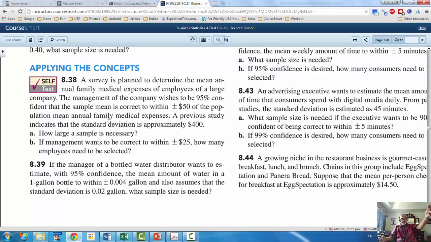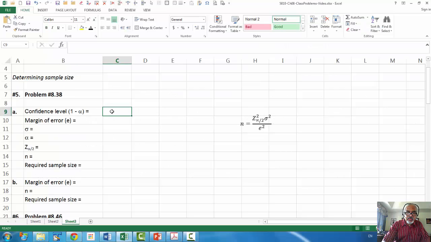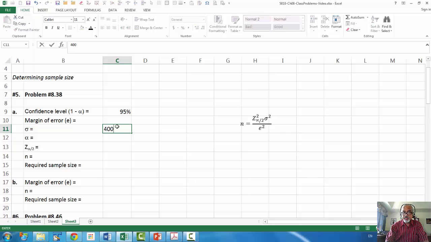If you don't know the value of sigma, what you need to do is to take a pilot sample, compute the standard deviation of the pilot sample, and use that in place of sigma. So we have 400 as our estimate for sigma. The confidence level is 95%, sigma is 400, and the margin of error is $50. You want to be within $50. So alpha is 1 minus confidence level.